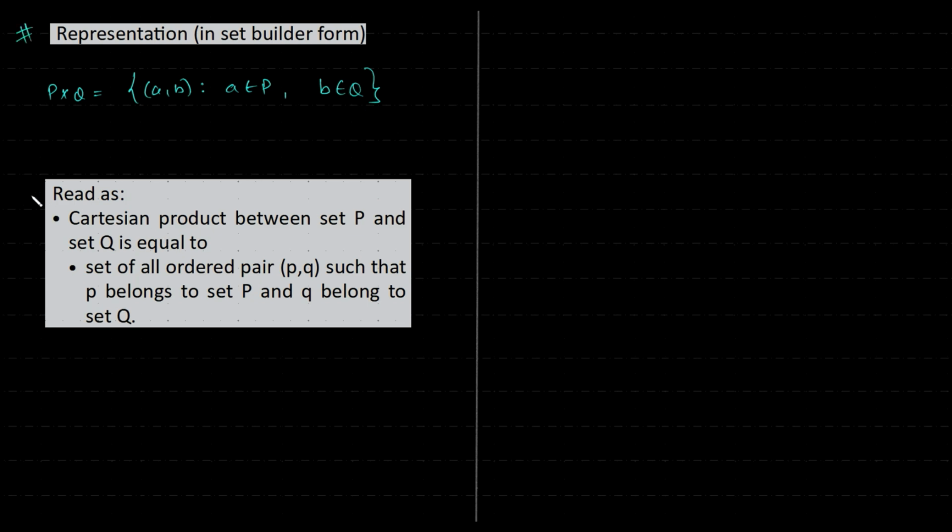Again, remember in sets we emphasized on learning the reading aspect as well, what the symbol represents and how do you read it, right? So here too we have this language: Cartesian product between P and Q is equal to the set of all ordered pairs (a, b) such that a belongs to set P and b belongs to set Q.